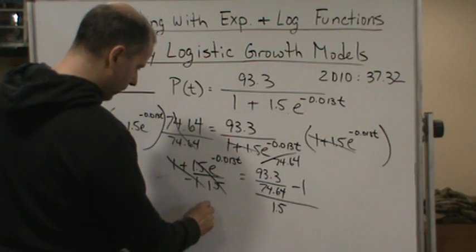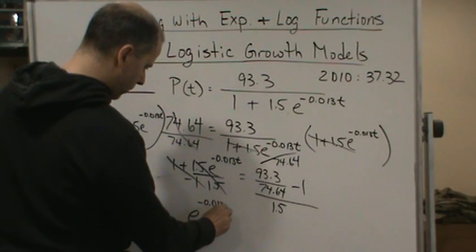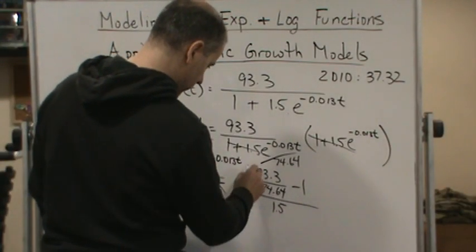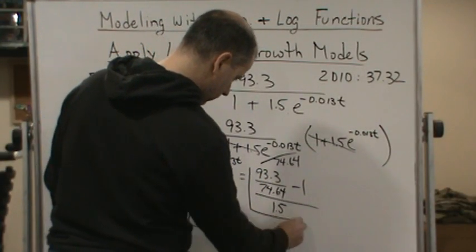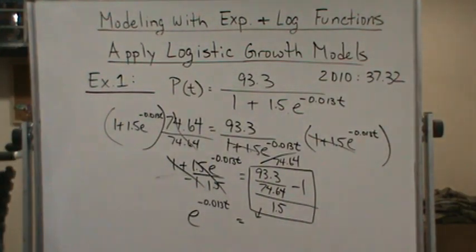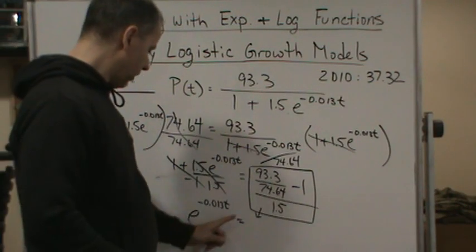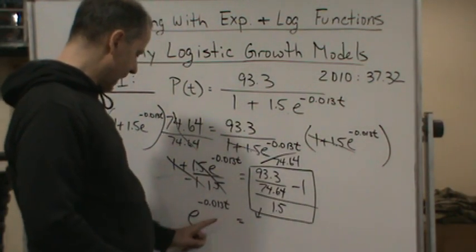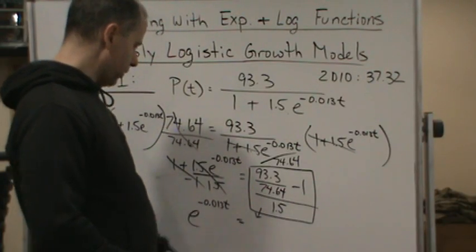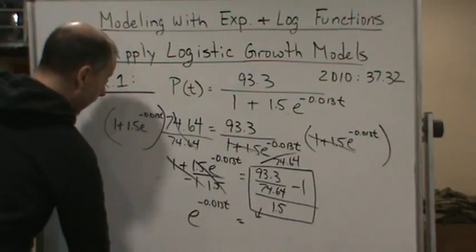I get e raised to the negative 0.013t is equal to this whole thing. And now I'm going to take the natural log of both sides because I want to get the t out. So I'm going to take the natural log to get rid of this e. So let's do that, okay?